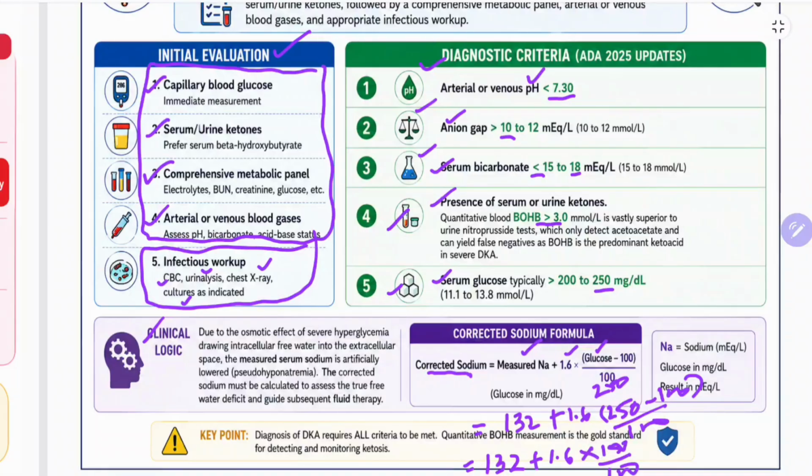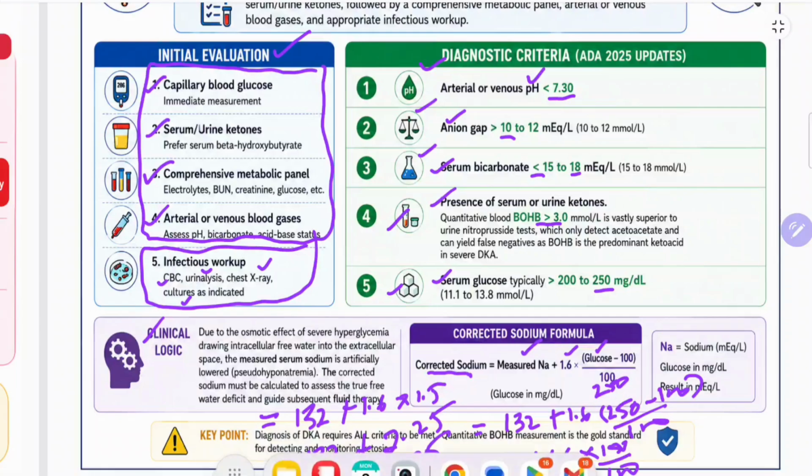So that is equal to 132 plus 1.6 into 1.5, that is equal to 132 plus 2.25. So the corrected sodium is actually 134.25. So that's how we calculate the corrected sodium.